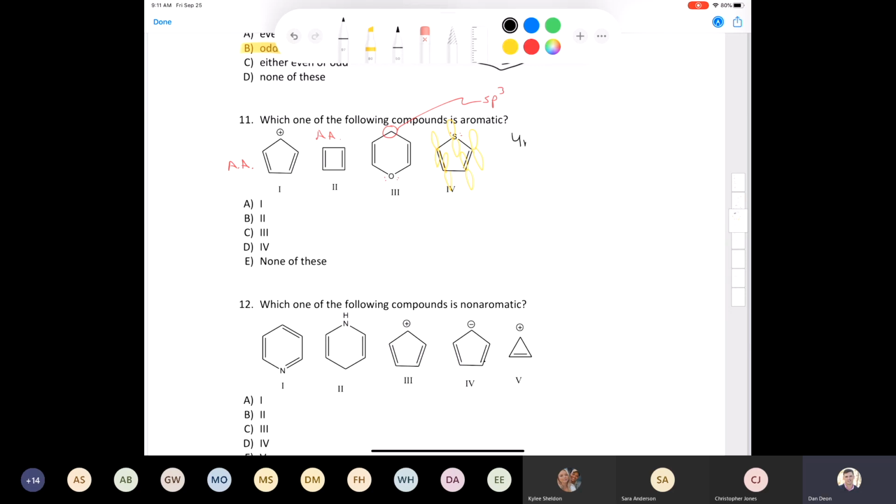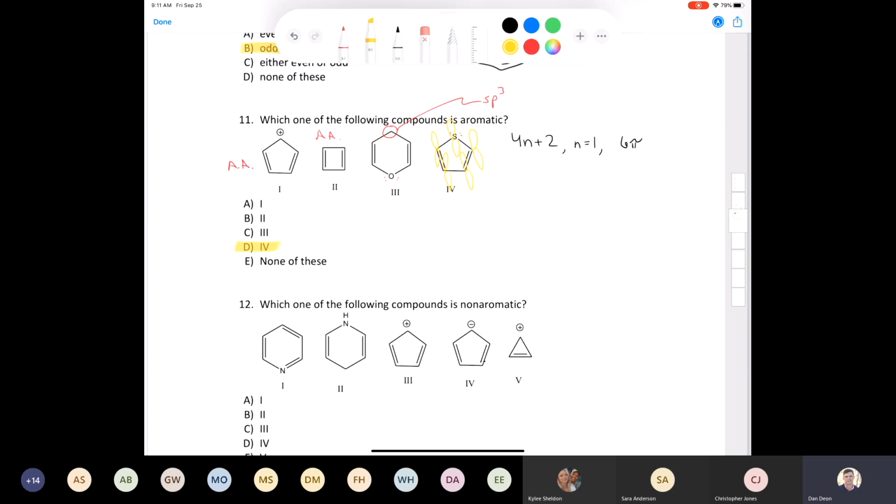We have 4n plus 2 when n is equal to 1, then we have 6 pi electrons. And so we would have a continuously overlapping system of p orbitals, right? And we would have a Huckel number of electrons. And so the only one of these compounds that's aromatic is compound number 4.